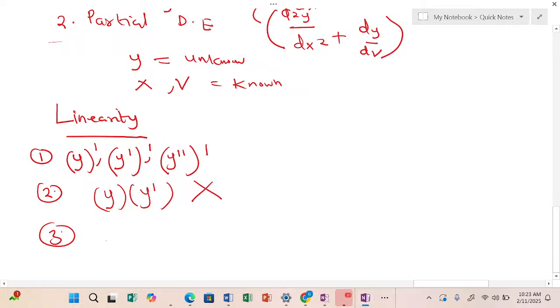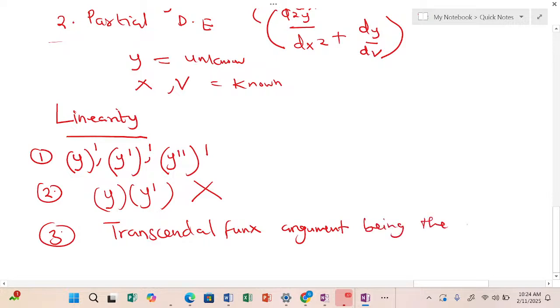The third condition is that there shouldn't be any transcendental function with the argument being the dependent variable.